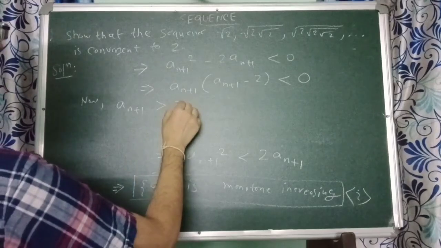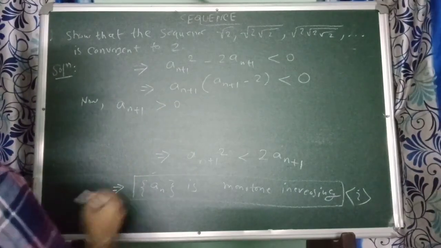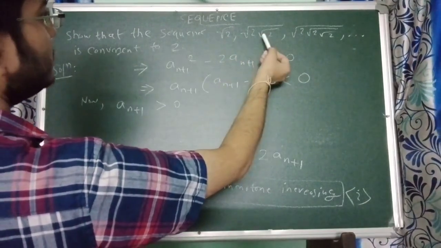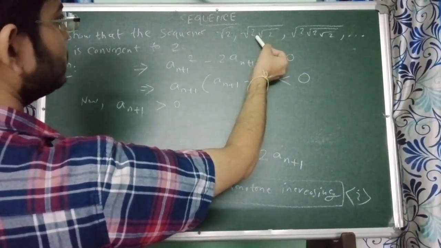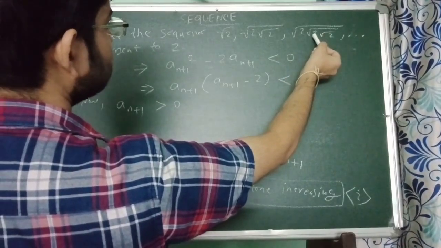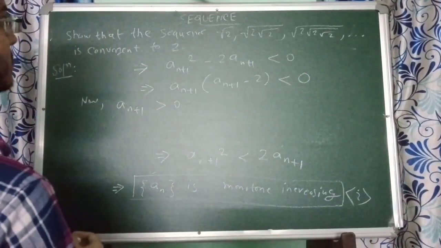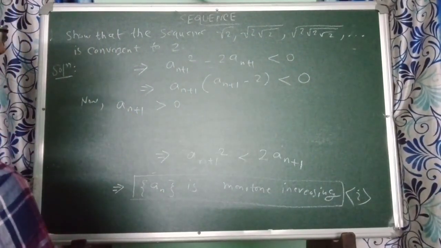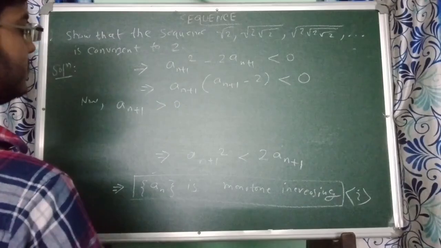We already discussed previously that a1 equals root over 2, a2 equals root over 2 into root over 2, and a3 equals root over 2 into root over 2 into root over 2, and so on. So in each case the term a_n becomes positive, so this part is positive.